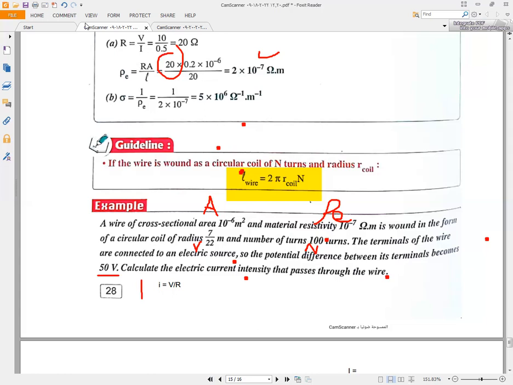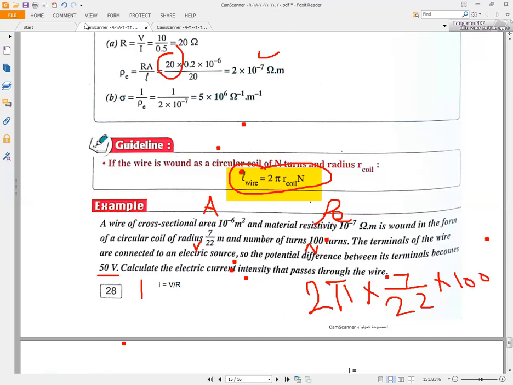We need L. L we will get using this law: 2 pi R times N. So L equals 2 pi times R, which is 7 over 22, times N, the number of turns, which equals 100.